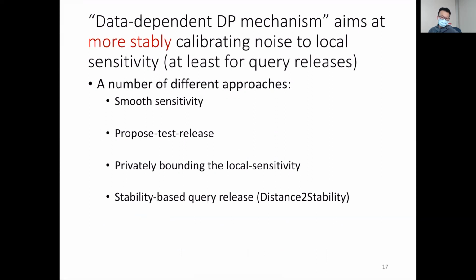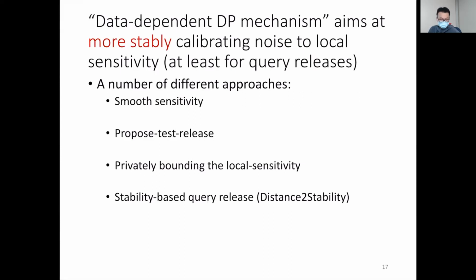So the key idea is to somehow replace local sensitivity with another quantity that's more stable, and calibrate noise according to that. We're still trying to calibrate noise according to local sensitivity, but only as much as possible while satisfying some stability constraints on the amount of noise that we add.